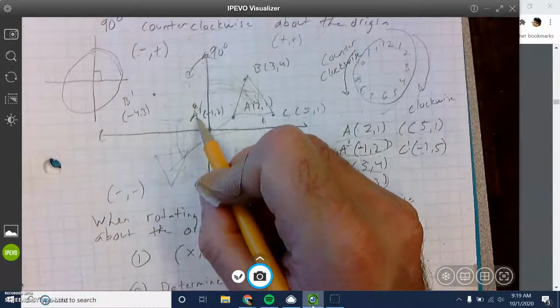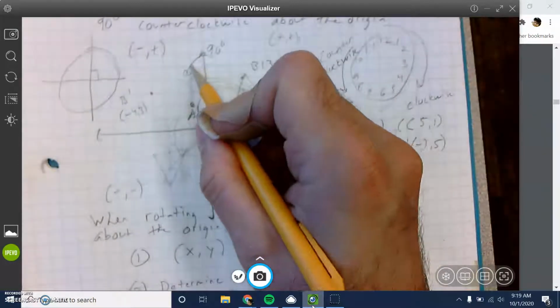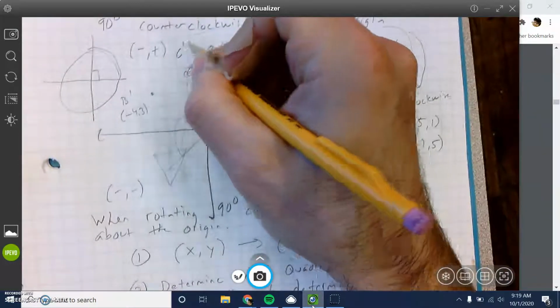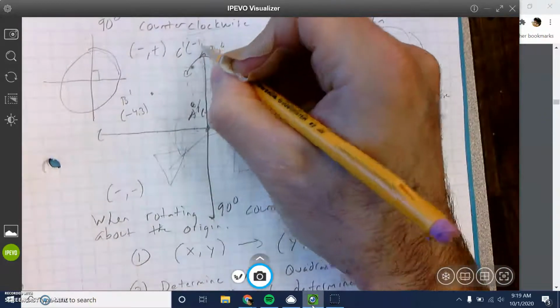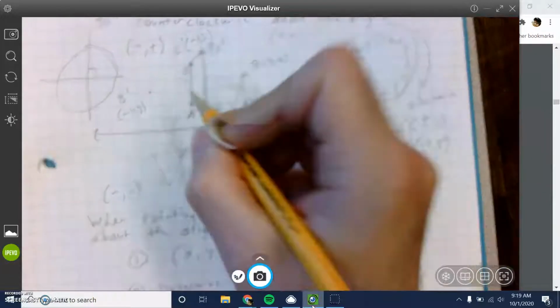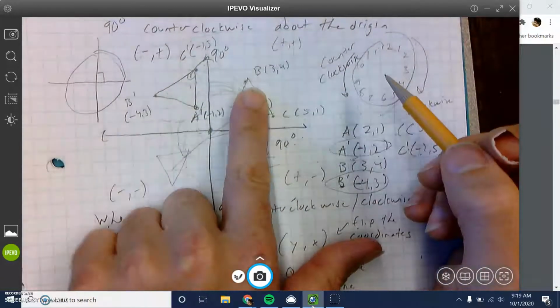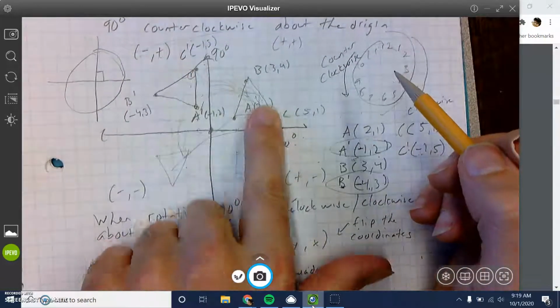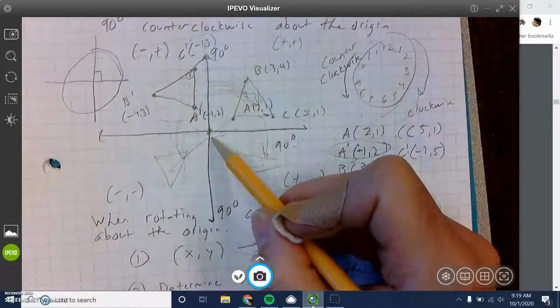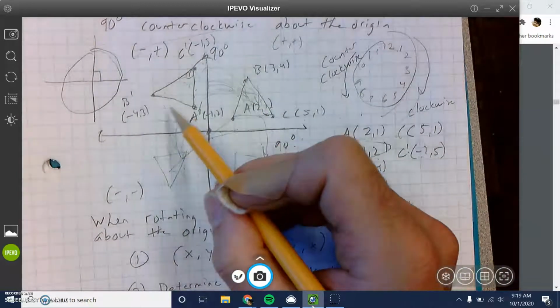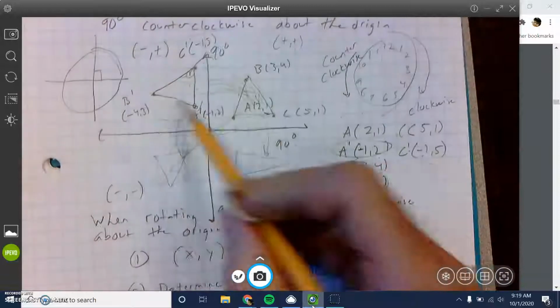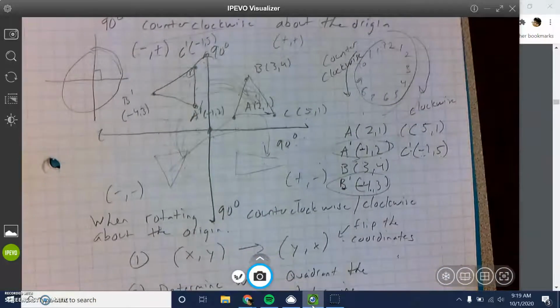So negative 1, 1, 2, 3, 4, 5. There is C prime, which is negative 1, 5. Connect the dots. Look what you got. See, it rotated. It rotated not only the shape, but around the origin. It rotated twice, and that kind of looked like my picture, right? And it's congruent.